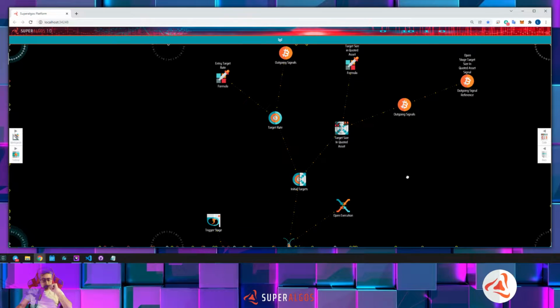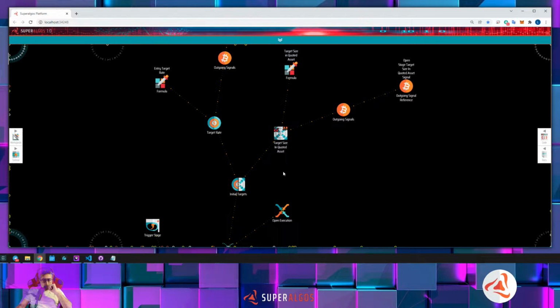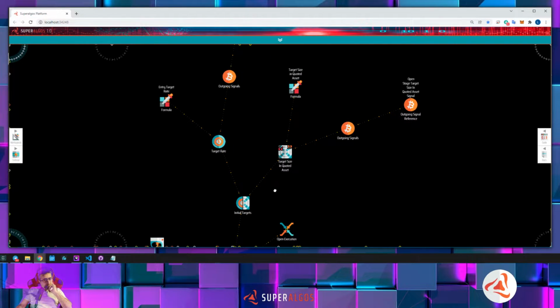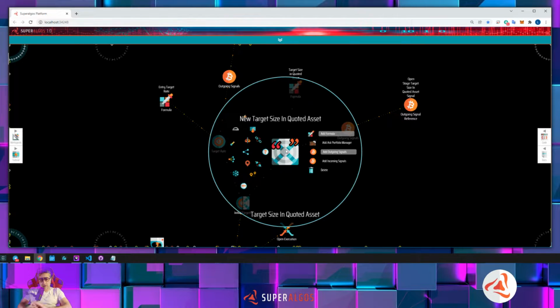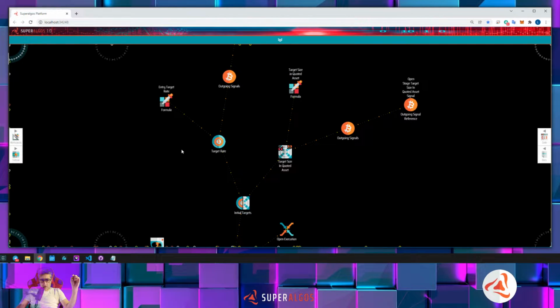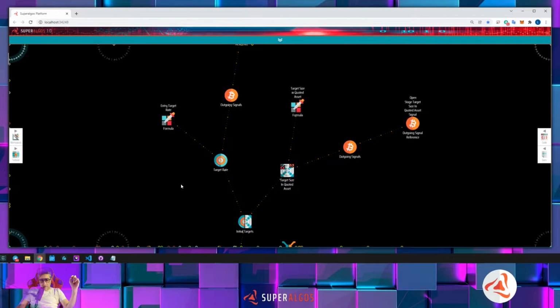Looking at this node, this node might contain one or two nodes that can be this one or the equivalent in base asset. So in order to proceed, yeah, we need to calculate the formulas of this.